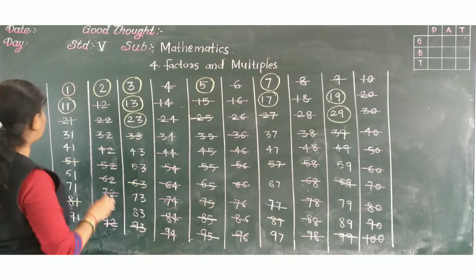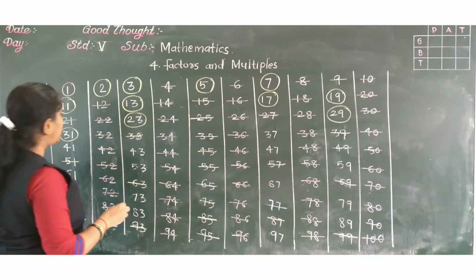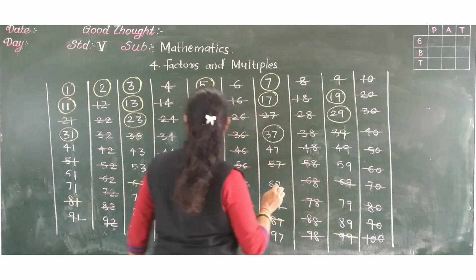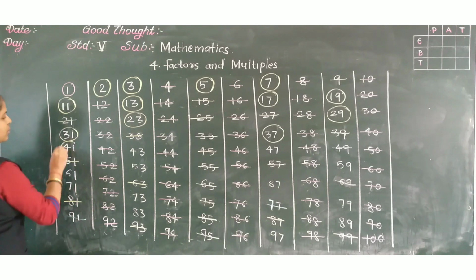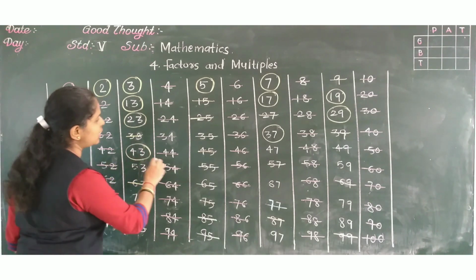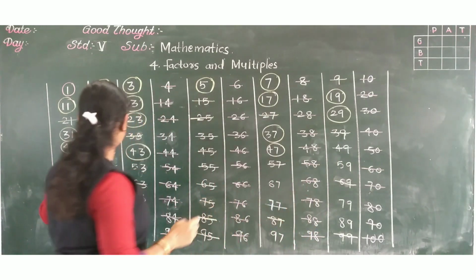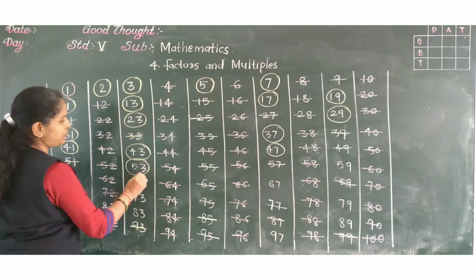The numbers which are not multiples of any other numbers are considered as prime numbers. In this way, easily we can find out the numbers which are called prime.